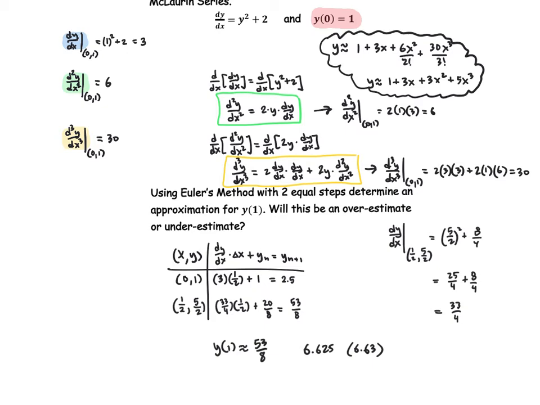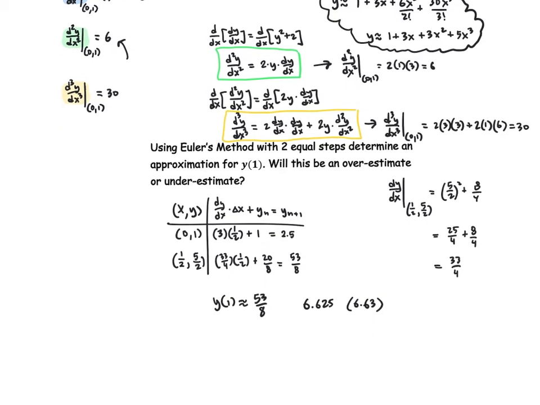Well, over and underestimate has to do with concavity, right? And concavity has to do with the second derivative. And the second derivative at the point at which we are working is positive. It's 6, right? You can see it way up here. Therefore, let me clean this up, move this down a little bit.